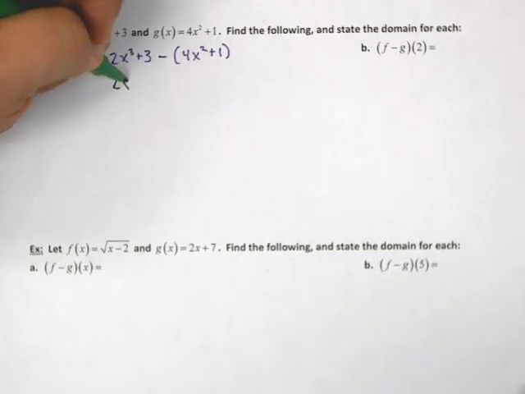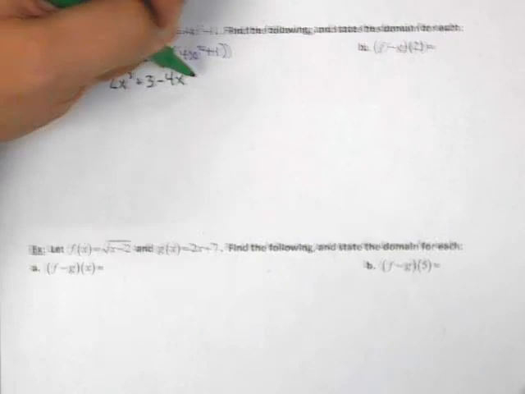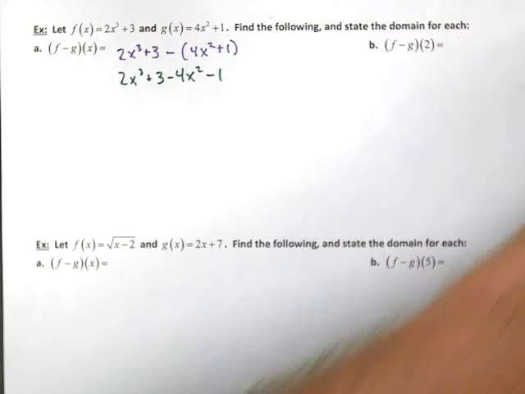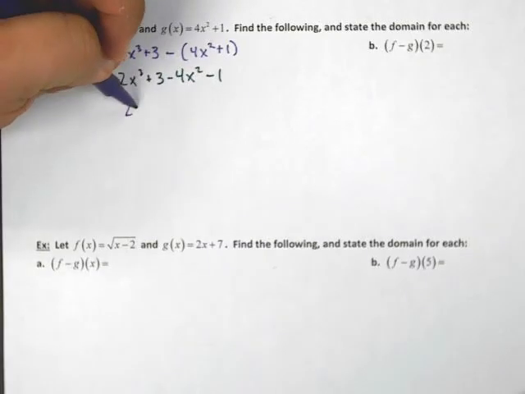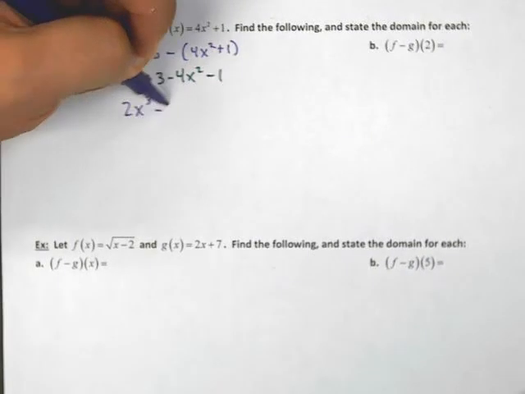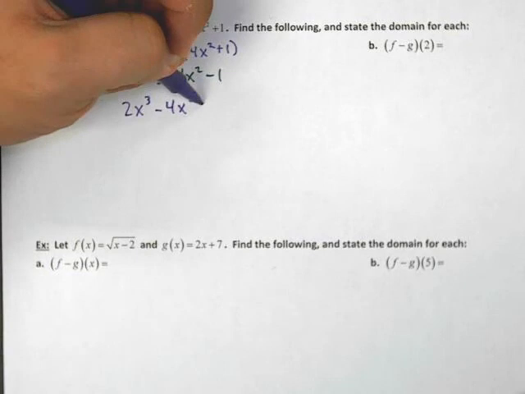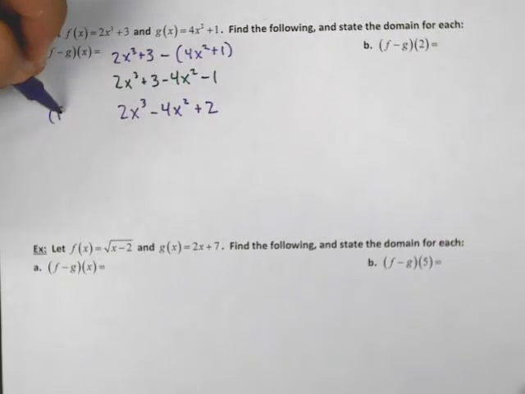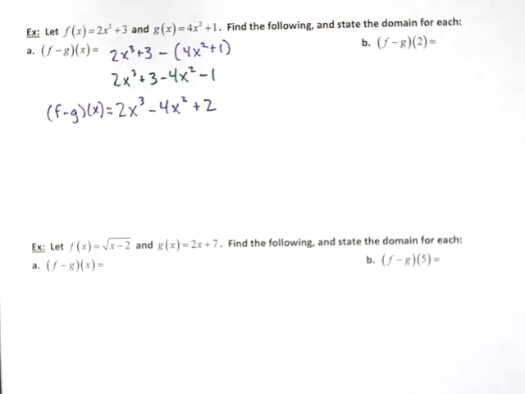So this turns into 2x cubed plus 3 minus 4x squared minus 1. When we write in order or clean everything up, we get 2x cubed minus 4x squared plus 2. Okay? So this is our function. This is f minus g of x. Hopefully we're getting pretty good at that.